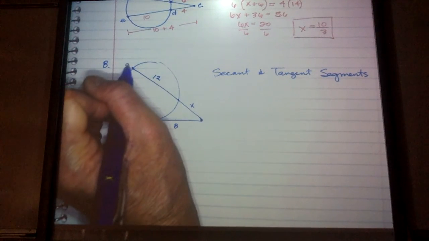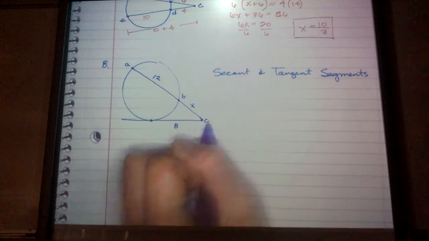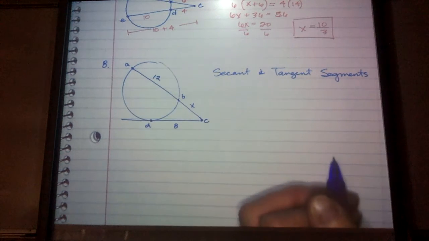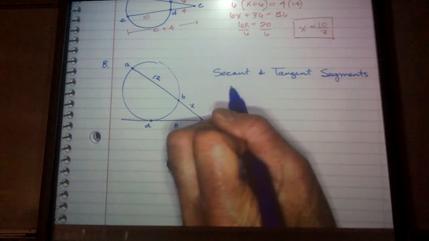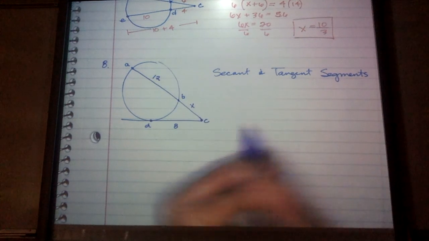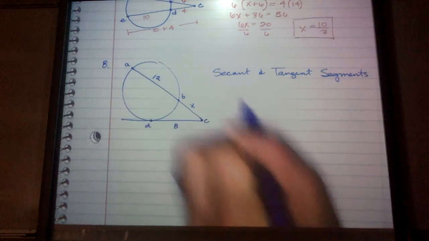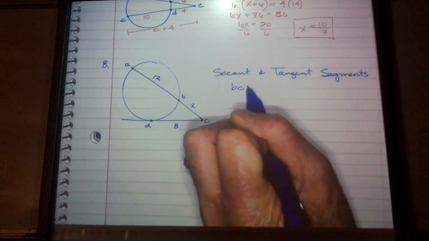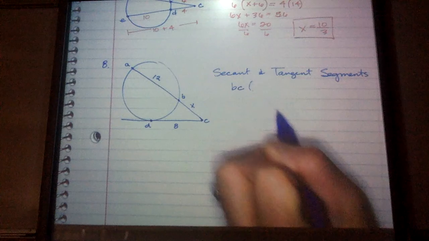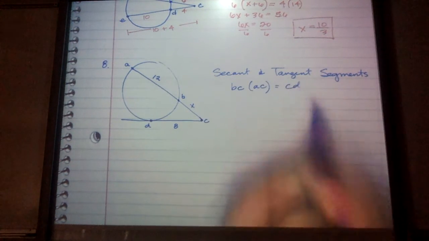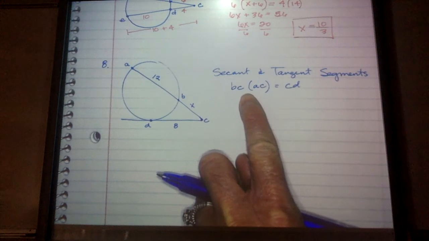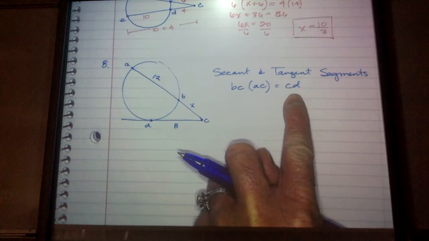This is A, B, C, D. So here we go. The product of BC times AC should equal CD squared.